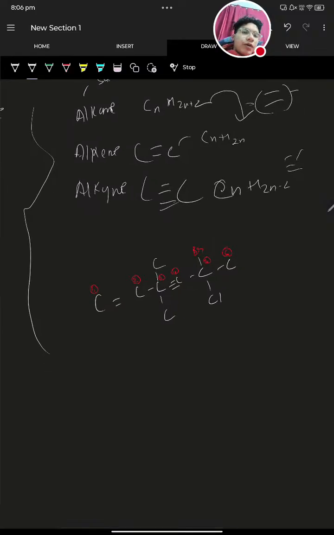So this would be called 5 bromo, 5 chloro.